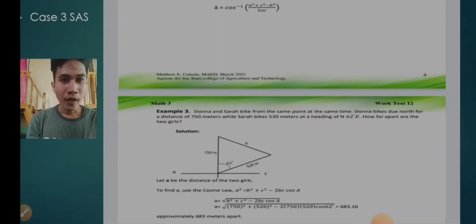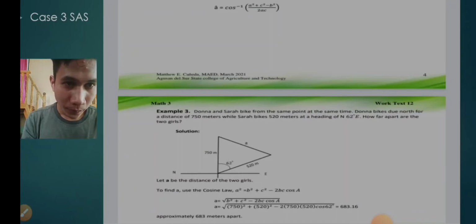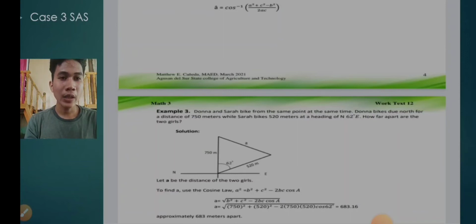To find a, take the square root of b squared plus c squared minus 2bc cos A. So the square root of 750 squared plus 520 squared minus 2 times 750 times 520 cos 62 degrees.